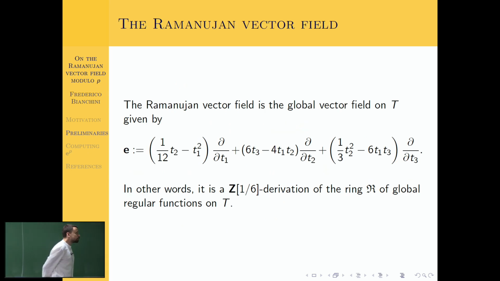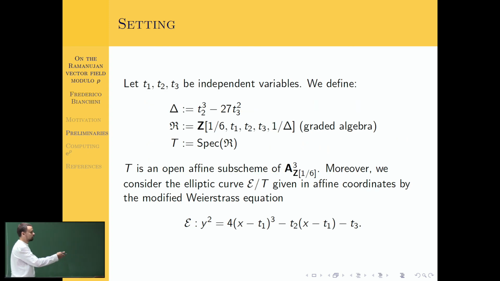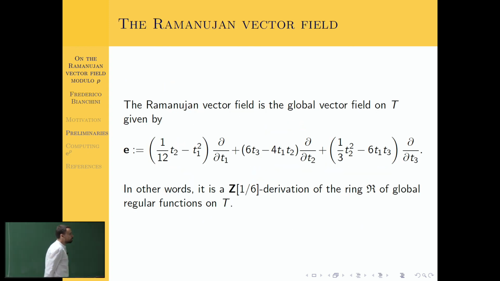The Ramanujan vector field is a derivation in the global regular functions of T, or in R, and is given by this equation, okay. As Hossein said, this can be translated to a differential equation setting, and it has Ramanujan's name because it comes from the Ramanujan system of differential equations satisfied by E2, E4, and E6, okay?